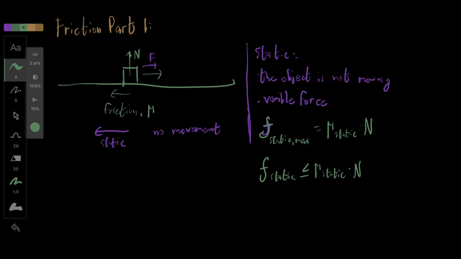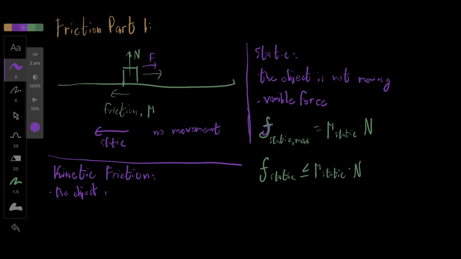So that's static friction. Now, what about the other type of friction, which is kinetic friction? Kinetic friction is a little different in that the object is moving in this scenario. It has overcome the force of static friction. The other thing with kinetic friction is it's a constant force.